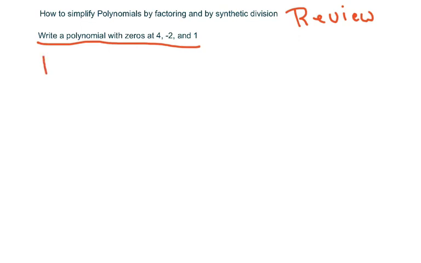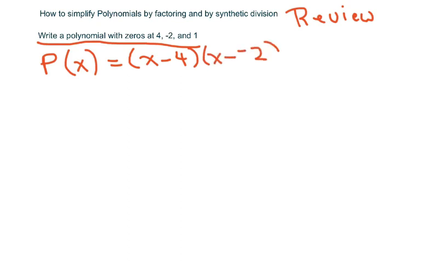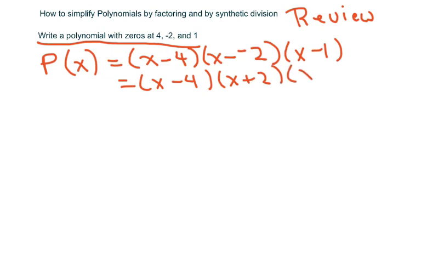So for this one, if we were to write the polynomial, this would be x minus 4 times x minus a negative 2 times x minus 1, which equals x minus 4 times x plus 2 times x minus 1. Remember, the zeros are where the graph crosses the x-axis.